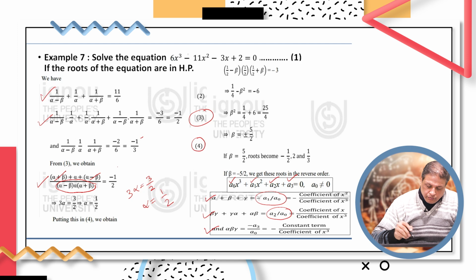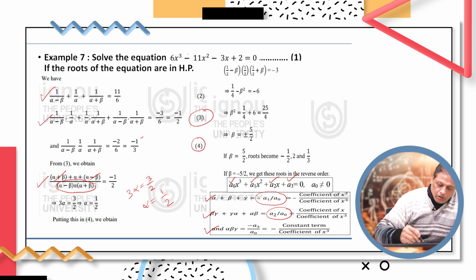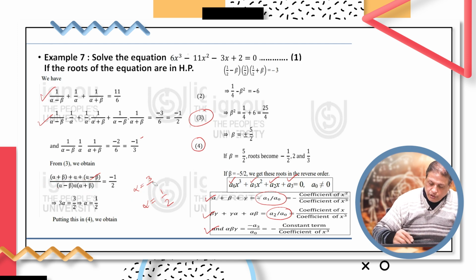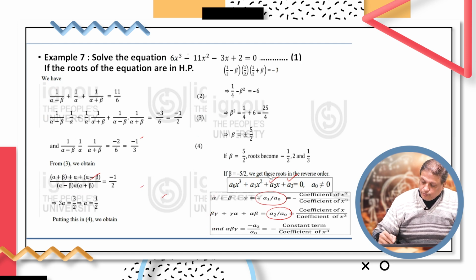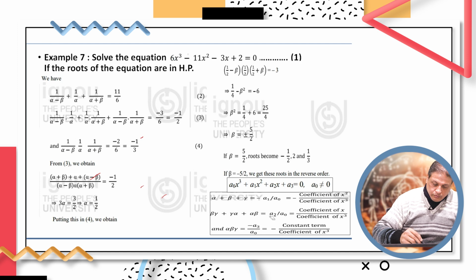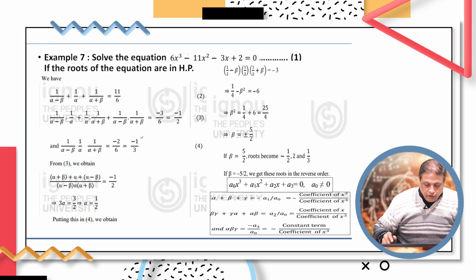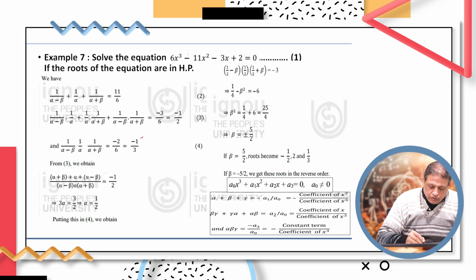So, let me explicitly solve it for you, just for your better understanding of how we solved it. Now, rearranging the equation number 3, it turns out to be this much.